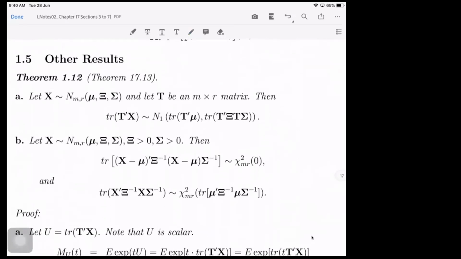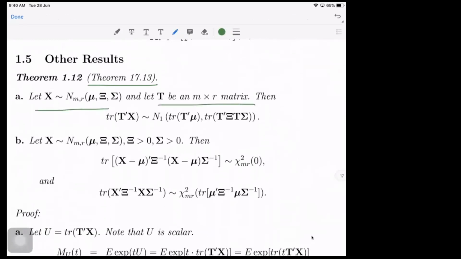Okay, first result. Theorem 17.13. Let X be normally distributed, T be an M by R matrix, then the trace of T prime X is... T prime will be R by M, X is M by R. So this is an R by R square matrix, so it has a trace.